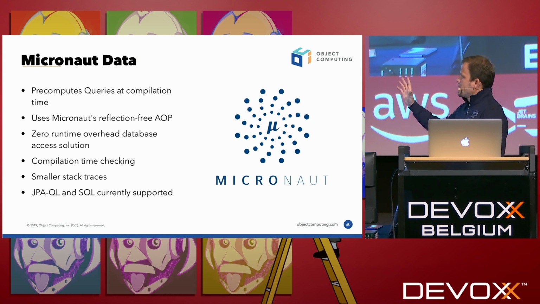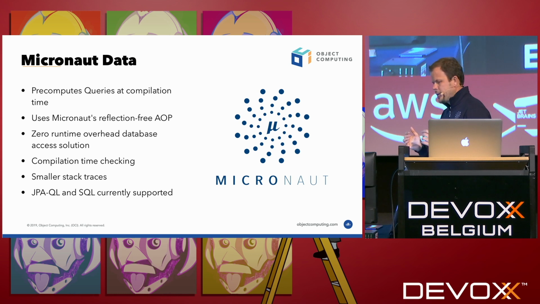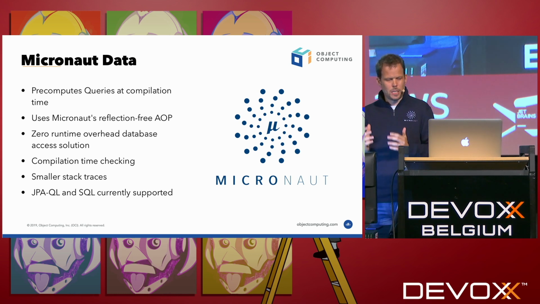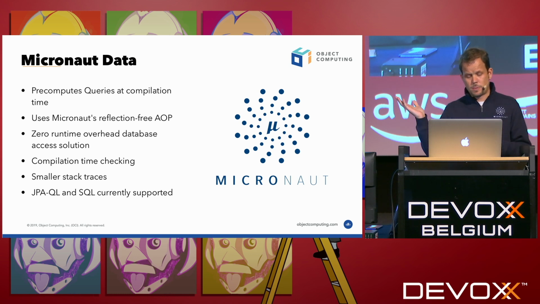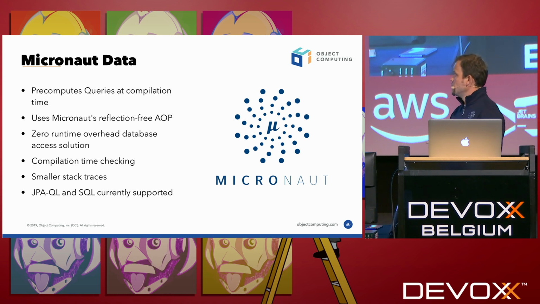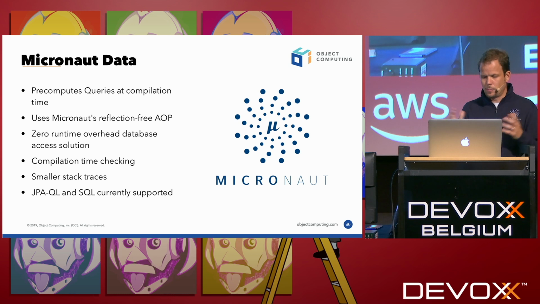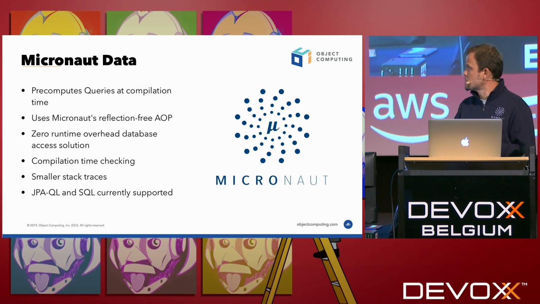And because you have much smaller stack traces than a traditional stack, we can get significantly better performance. If you look at the numbers out there, we have some benchmarks in the Micronaut Data repository. But for JDBC, you're looking at the moment at a 2 times performance improvement over competing solutions.